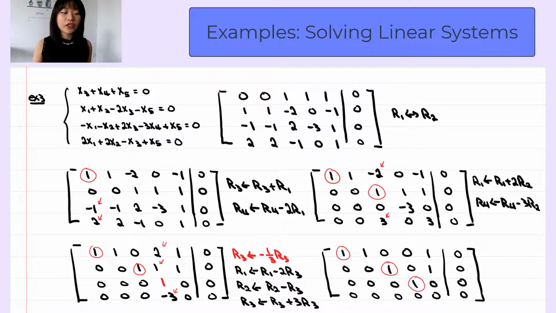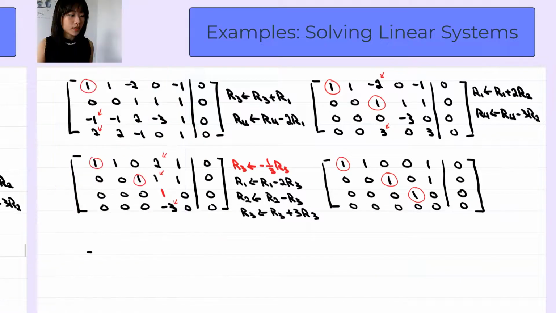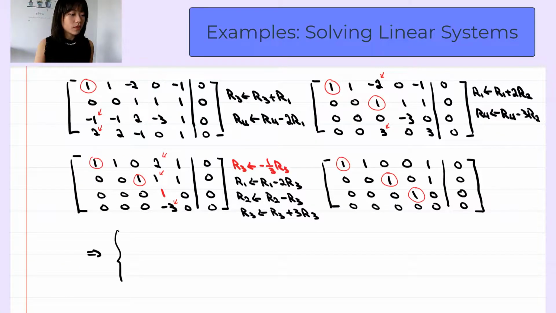What does this matrix tell us? In the first row, it says x1 plus x2 plus x5 equals 0. Second row says x3 plus x5 equals 0. And the third row says x4 equals 0.